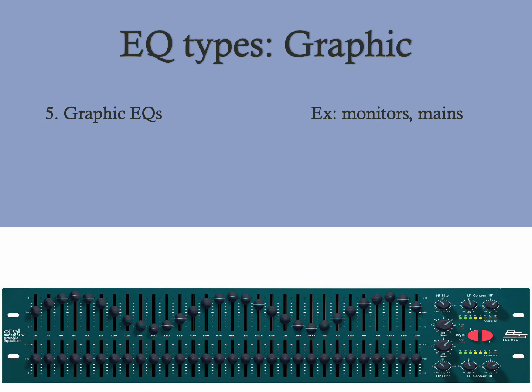And finally, the graphic EQ. These are often used for monitors, like at side stage in a live sound rig, where you can easily call up a specific frequency and notch it out. So based on how many bands it is, this looks like a 32 band EQ, with the left-hand channel on the top and the right-hand channel on the bottom.